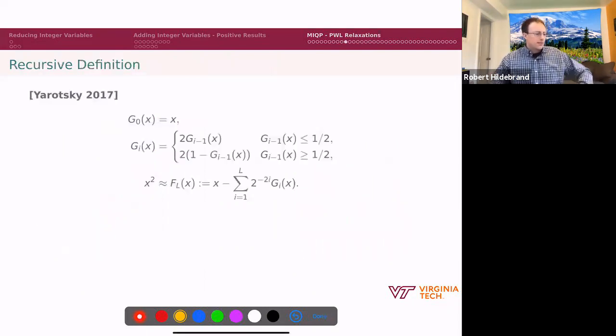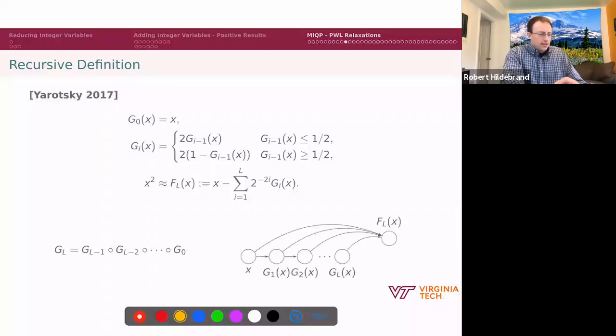Okay, so this was an idea of Yarotsky from 2017, and he was really caring about neural networks and how do I make a nice neural network that approximates this function or approximates polynomials in general. And what you can see is that you have a nice kind of composition here of how the error terms accumulate or how they can be created.